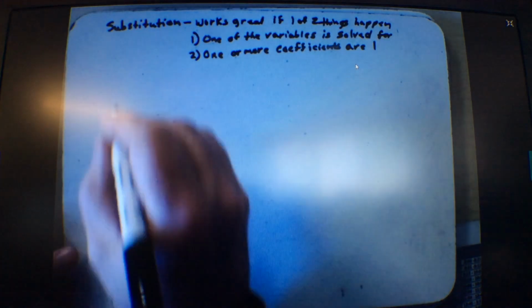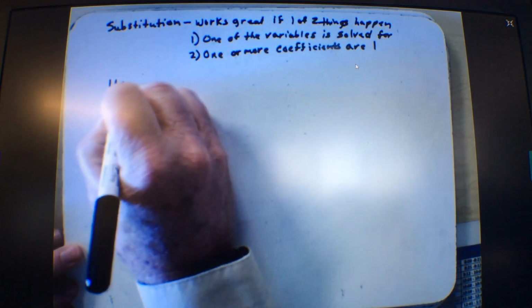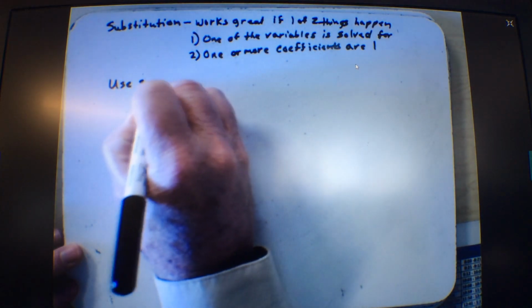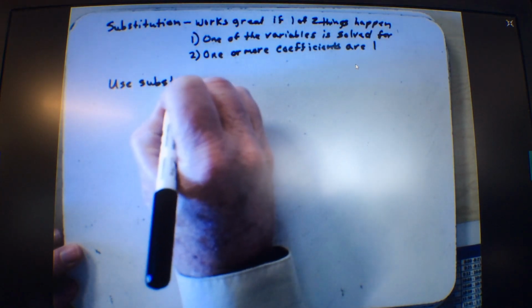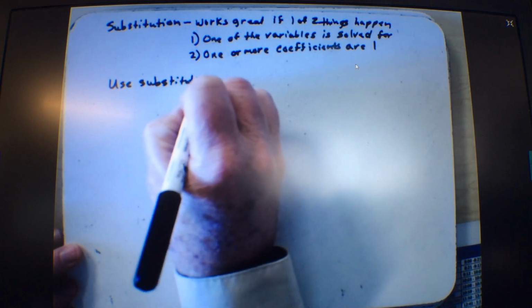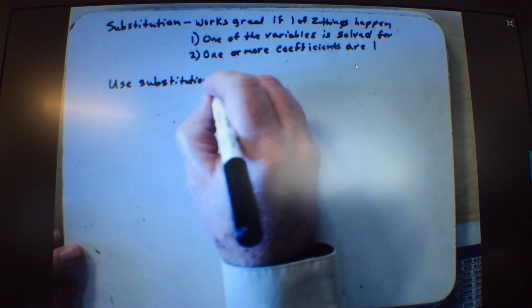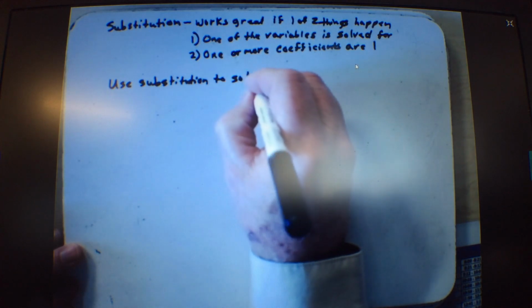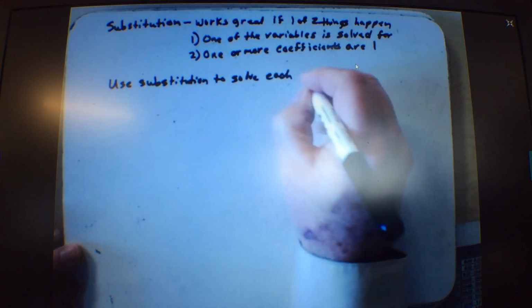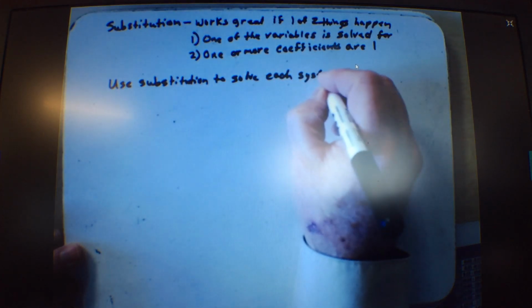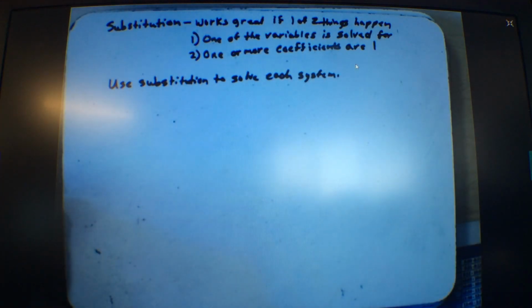No. Okay. All right, so the directions are going to say use substitution to solve each system. Now remember, a system is two or more lines, right?